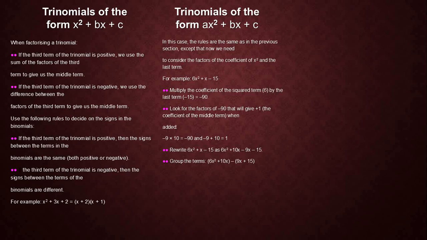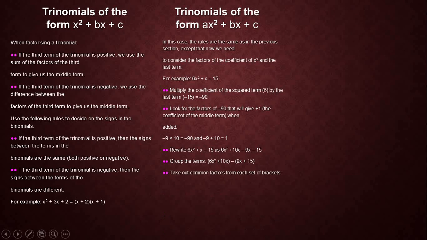When you group it like this, the main objective with these two brackets is that we have to take out a common factor in each of them, whereby the brackets that remain will be the same as each other, because there's a law in mathematics which we are going to apply to this.